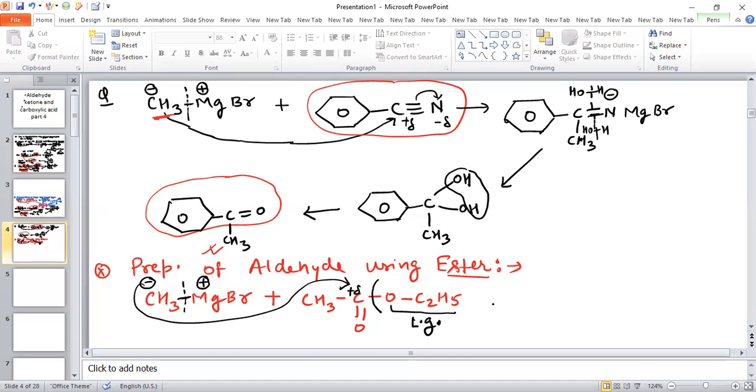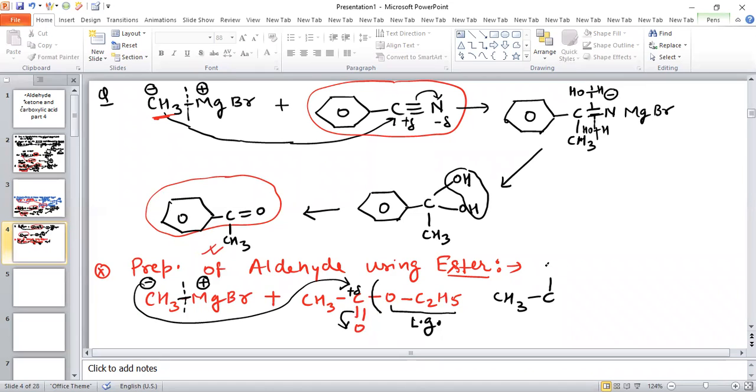So what happens in this case? When this Grignard reagent CH3 minus attacks on this carbon, there are 5 bonds, 1, 2, 3, 4 and 5. So at the same time this pi bond will break.